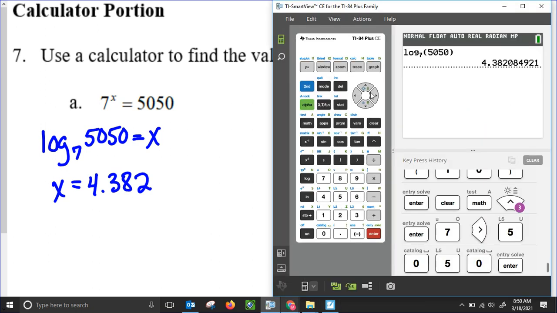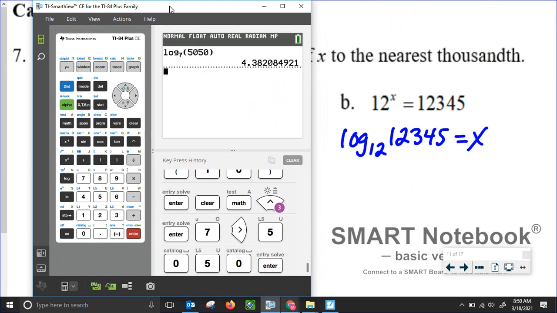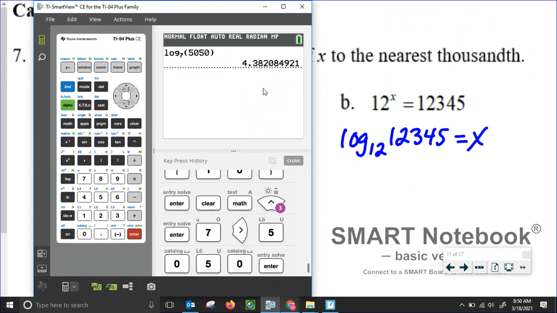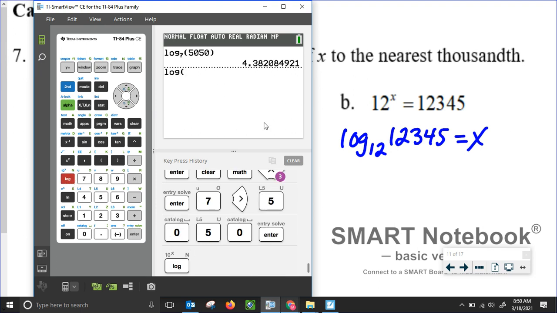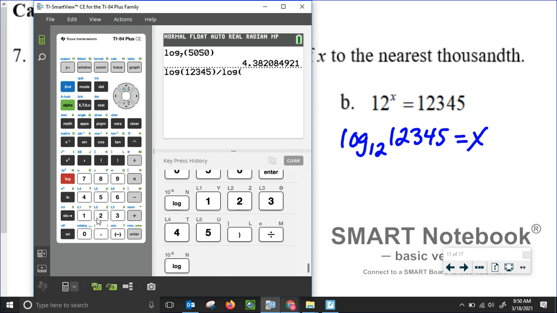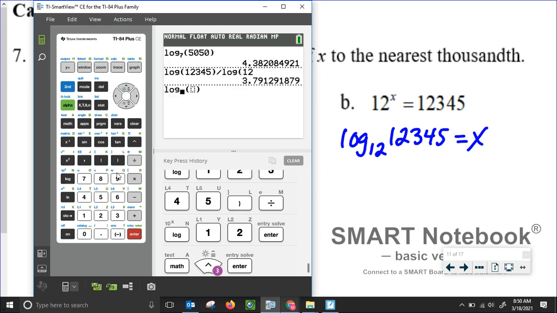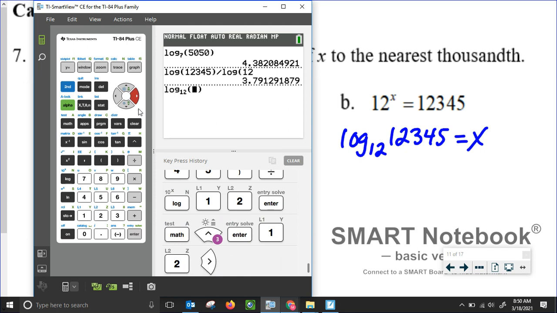And just in case your TI-84 or whatever isn't quite working on your tablet at home, you can use the Calculate 84 app, but in case you can't find this log base command, you can always do log of the argument, 12345, divided by log of the base, which is 12.